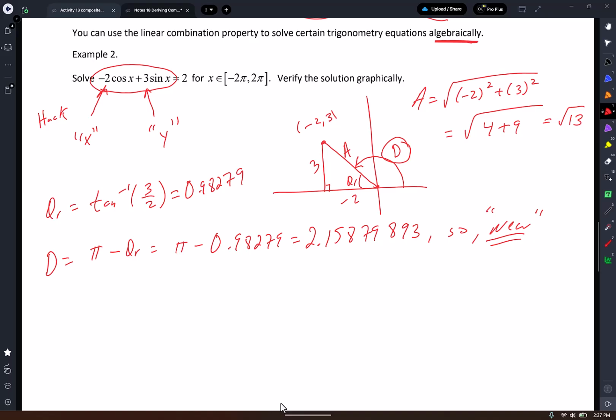So new equation is square root of 13 cosine, open parenthesis, x minus 2.158799893, close it. I'm going to equal that to 2. Chav, how does that help us?